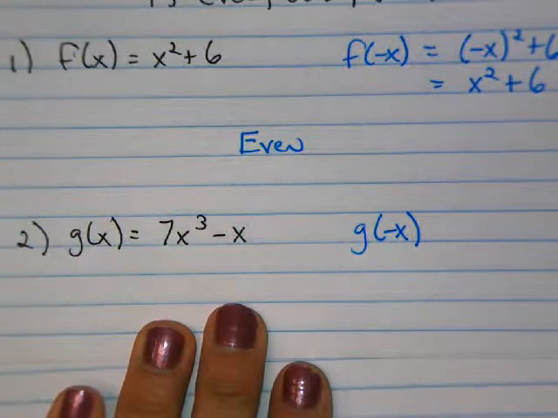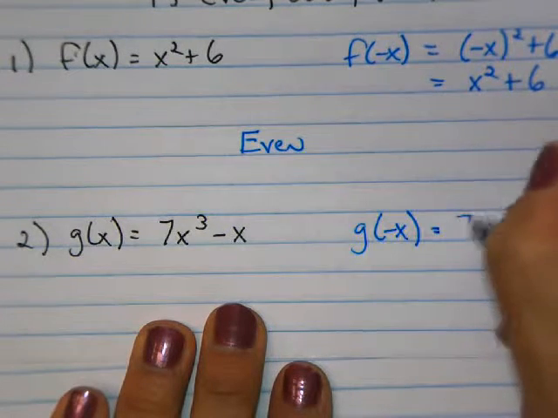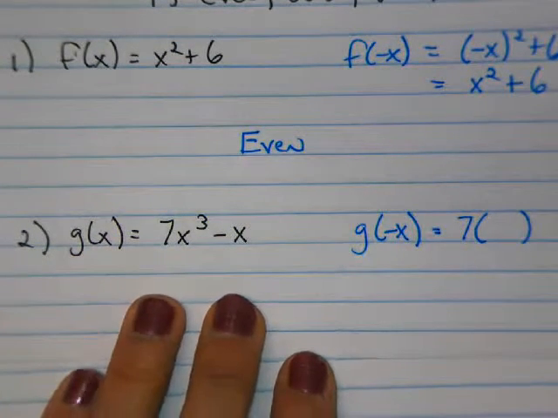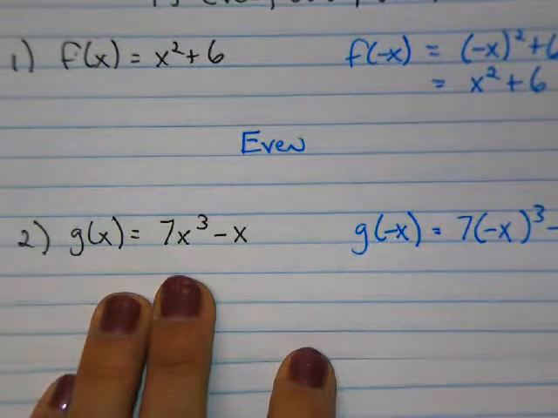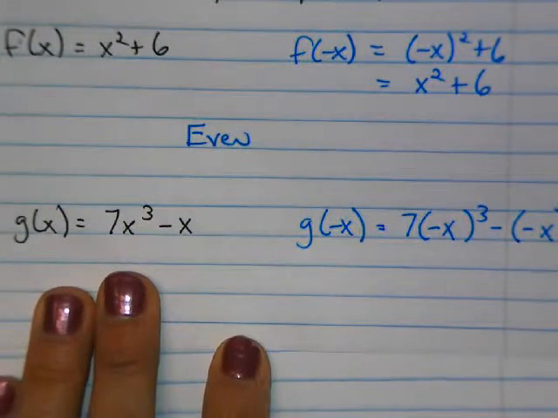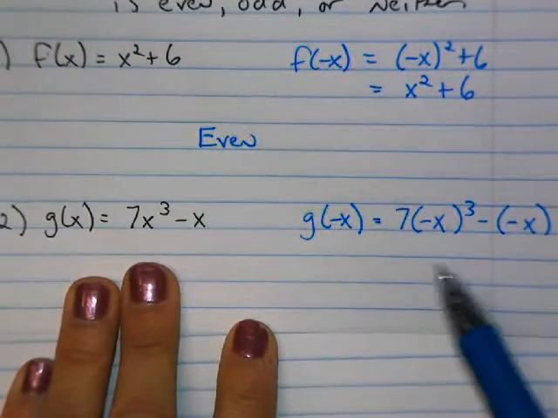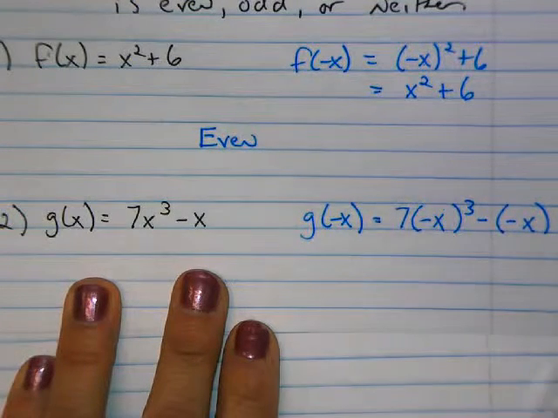So I'm going to take out the x value and plug in negative x to each place. Okay? So negative x quantity cubed. So a negative x times a negative x times a negative x is a negative x cubed plus x.